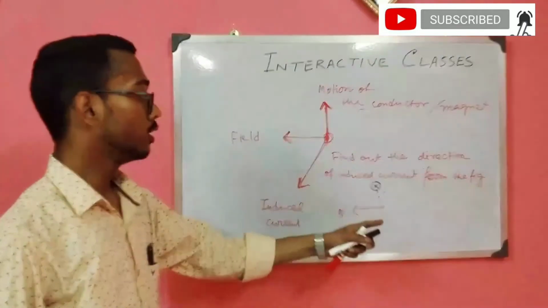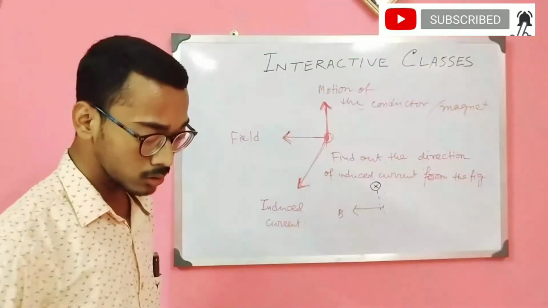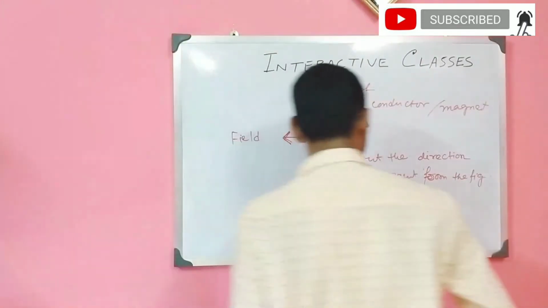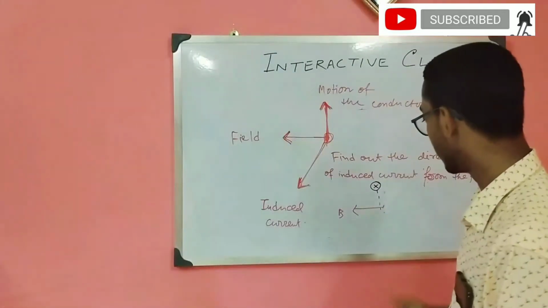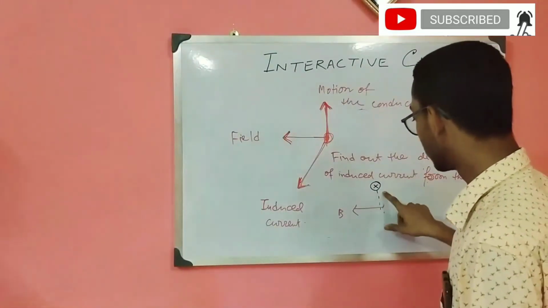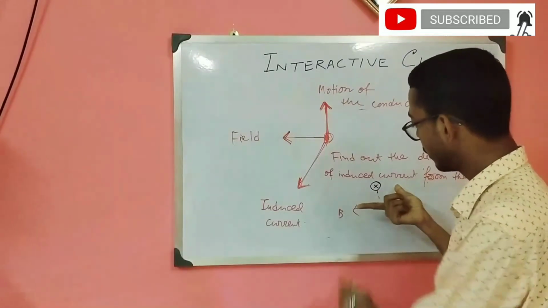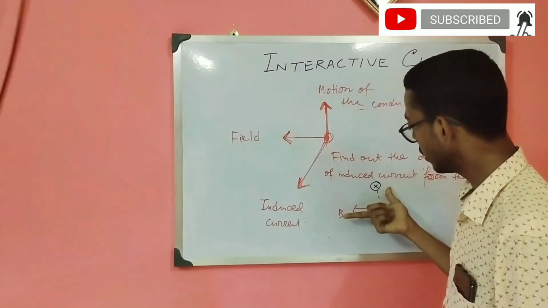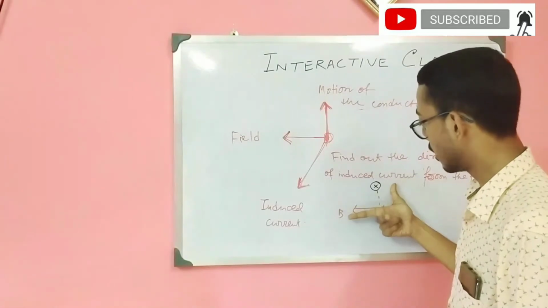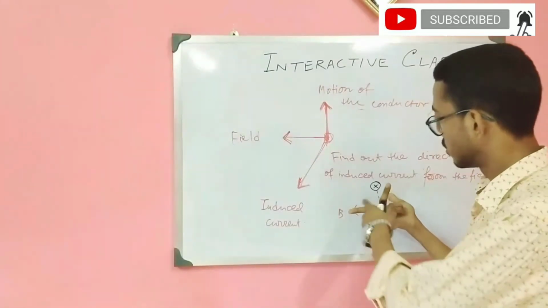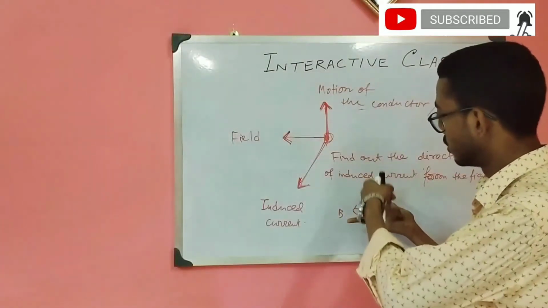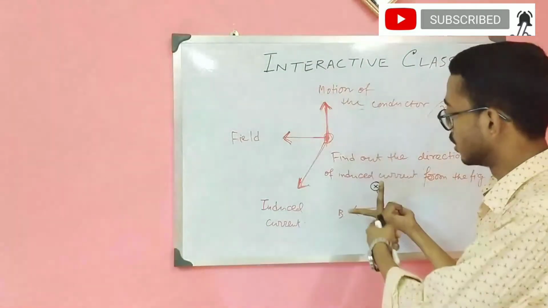So we need to find out the induced current from the figure. So what we do is we use Fleming's right hand rule. So the motion is within the board like this. The magnetic field is in this direction. Fine. And so we have the induced current in the upward direction like this.